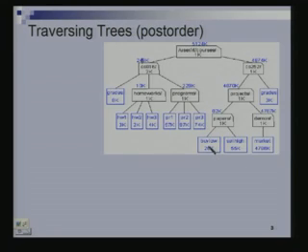Now, suppose I want to compute the total space occupied by this file system, this entire directory. What would I do? Well, I would compute the total space occupied by this subdirectory, compute the total space occupied by this subdirectory, and then add these two up at this node to obtain the total space required here.